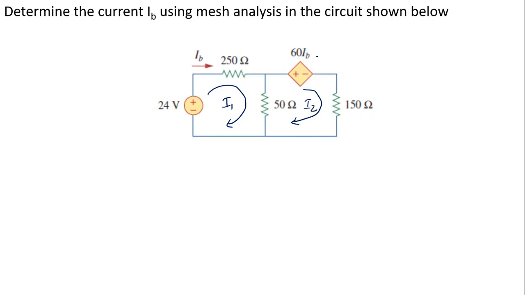The unknown parameter IB needs to be expressed in terms of the known parameters I1 and I2. That's all.